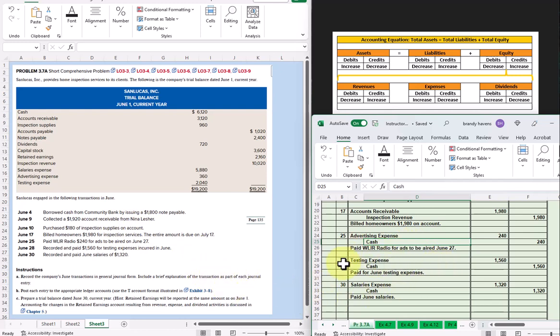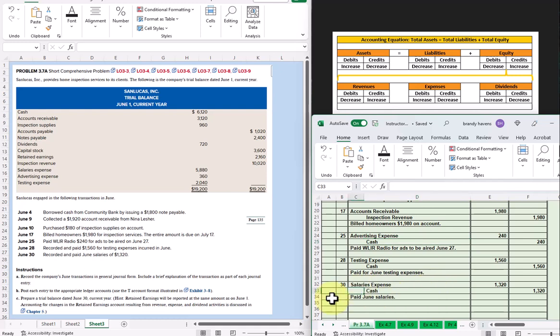And we're going to use the same approach for the next two transactions. On June 28th, we've got $1,560 in testing expenses, and in this case, they paid it. So we're going to debit testing expense for $1,560, credit cash for $1,560. June 30th, recorded and paid salaries of $1,320. We are going to debit salary expense $1,320, credit cash $1,320.